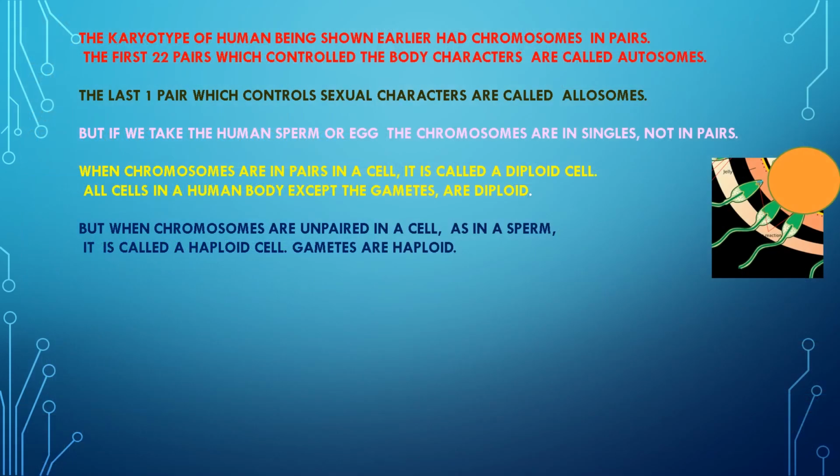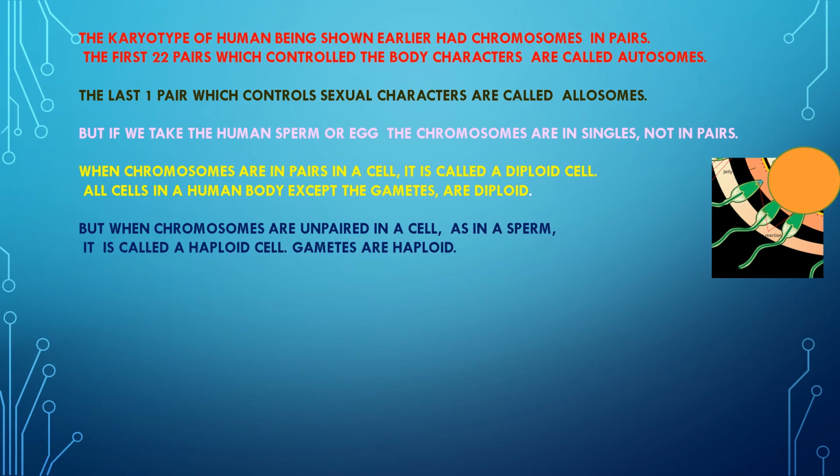So, in the human body, 22 pairs of chromosomes are autosomes which control the somatic or body characters, and the 23rd pair is allosome or sex chromosomes which control sexual characters. Apart from that, they control a few other characters which you'll be learning in the upcoming modules.